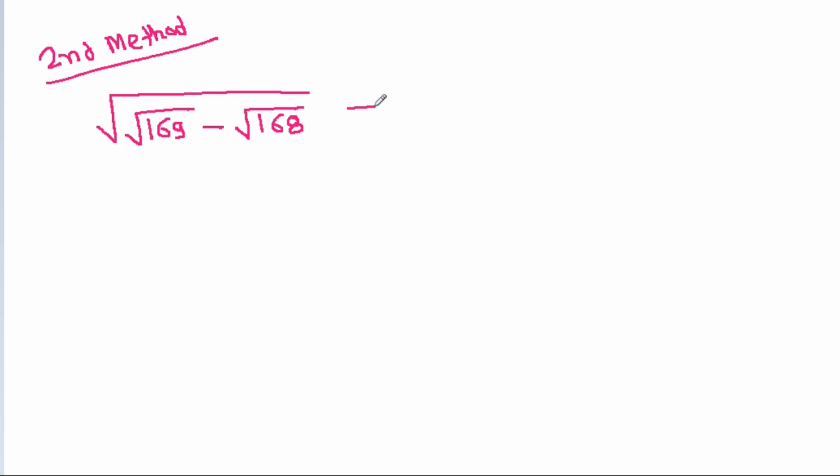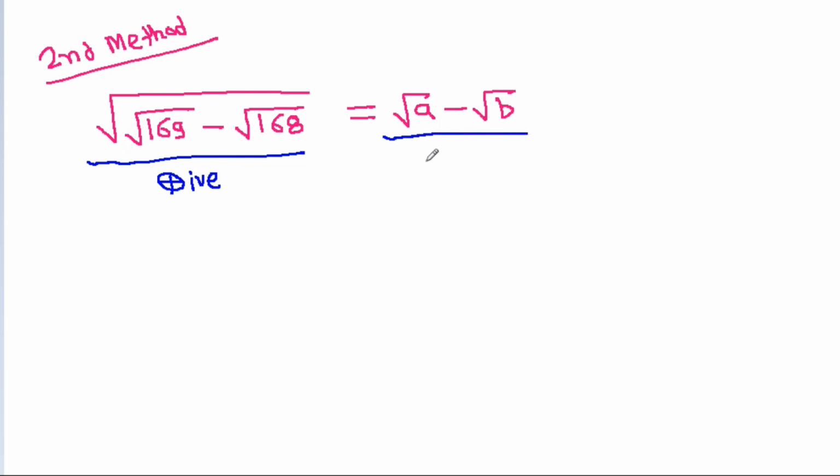So suppose it is equal to root a minus root b, and this will be positive. So root a minus root b must be positive. That means root a should be greater than root b, or a should be greater than b.